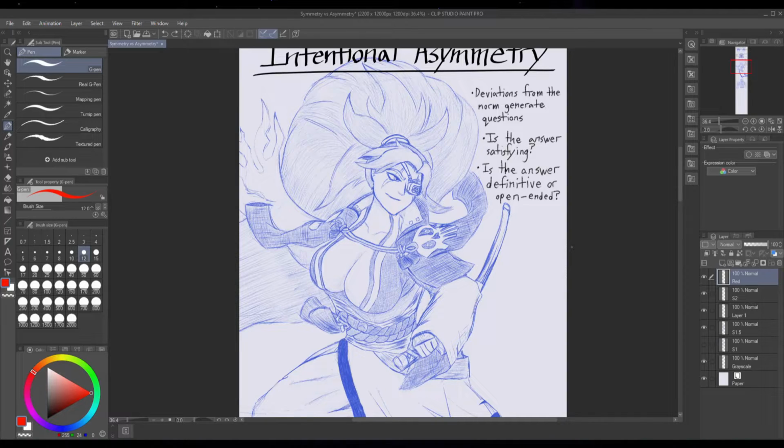Let's say we go with the same character. The answer to this question, which I found on the wiki for this character, is that the reason she's missing an arm and has an eye patch is because there was an attack on her and her family from a faction called Gears in the lore.